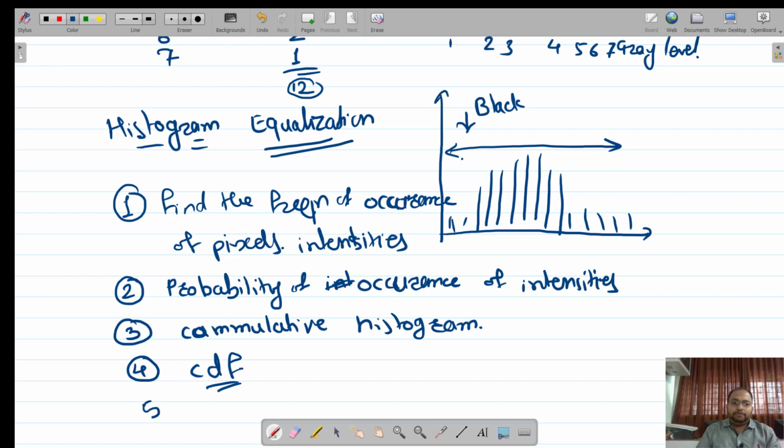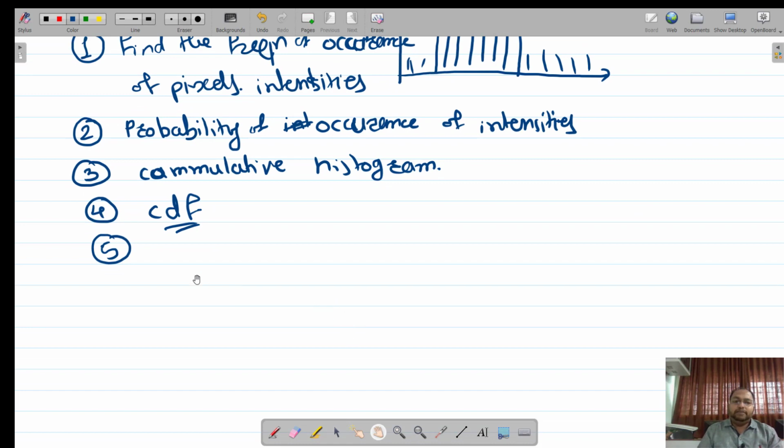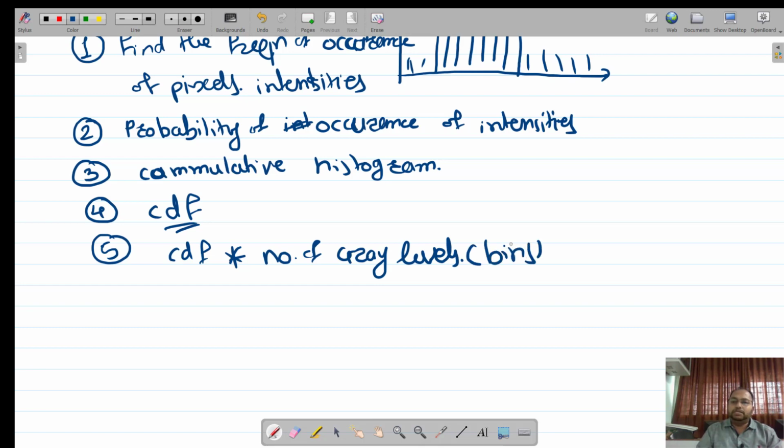Finally, the fifth stage: once we find the CDF, we multiply that CDF with the number of gray levels, which is also called the number of bins, and then we round it off in order to represent a particular gray level.